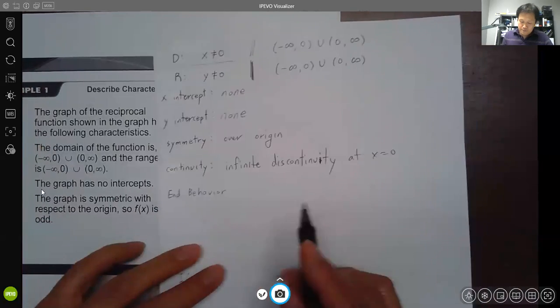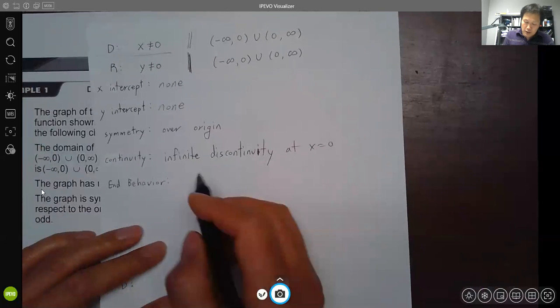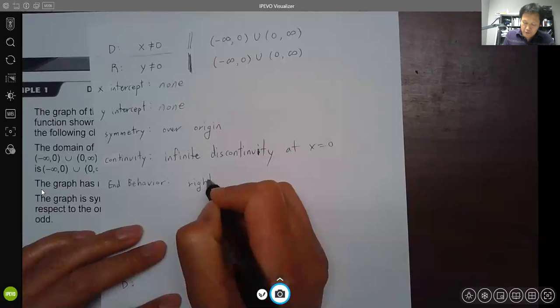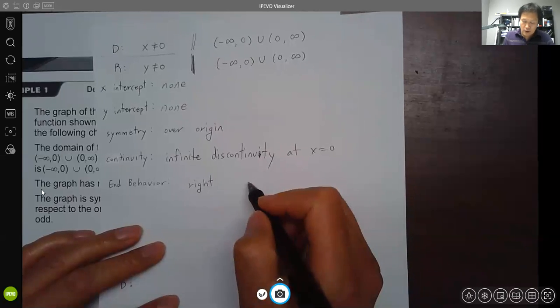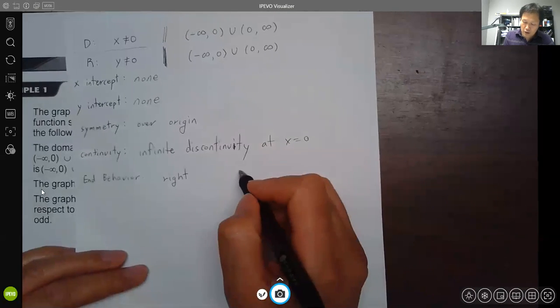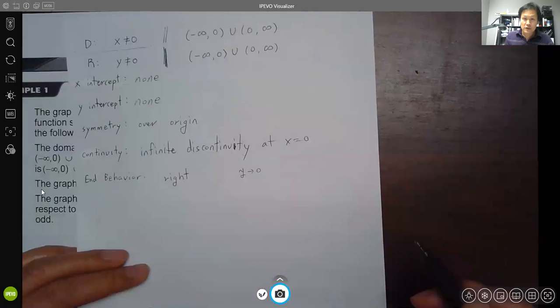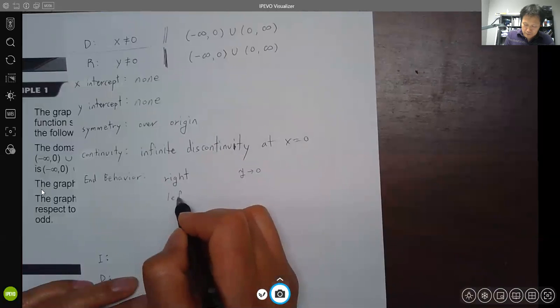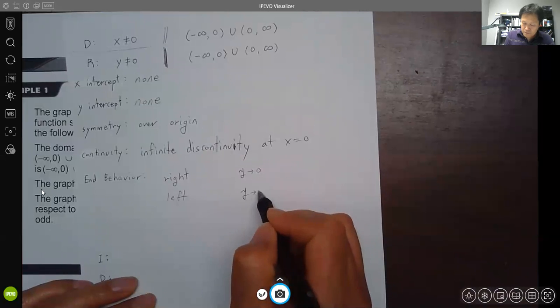Okay, so what you say is right end. If you go to the right, y approaches 0. Okay. If you go to the left, y approaches 0.